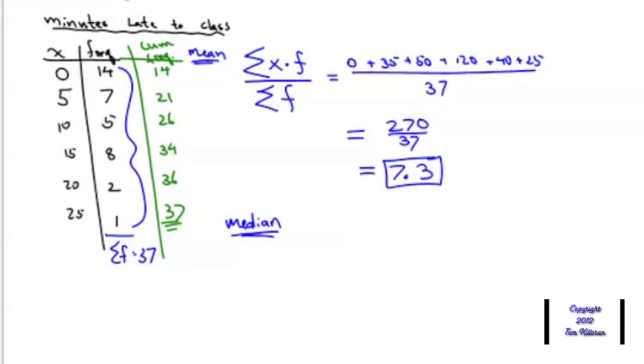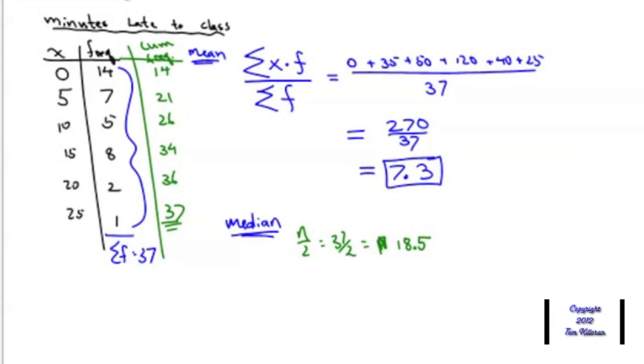Now, how do I find the median? What's the formula? N over 2, which is 37 over 2, which is 18.5. Now, what do I do with this? The median is looking for the middle number. We have an odd number of numbers, so therefore we're finding one value.